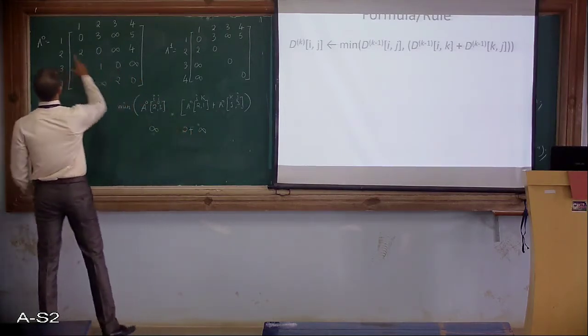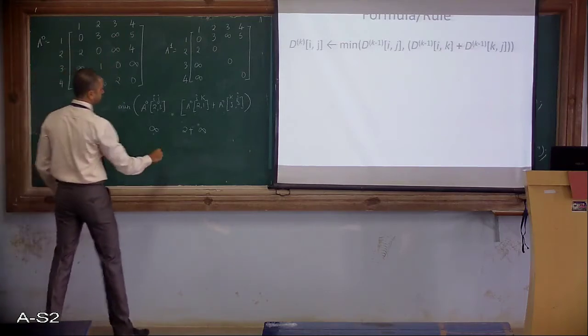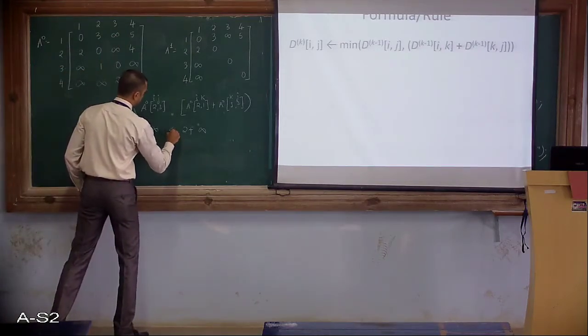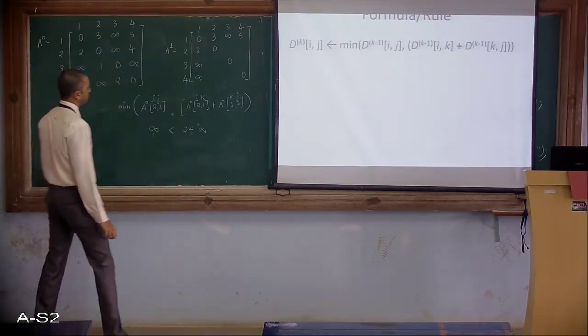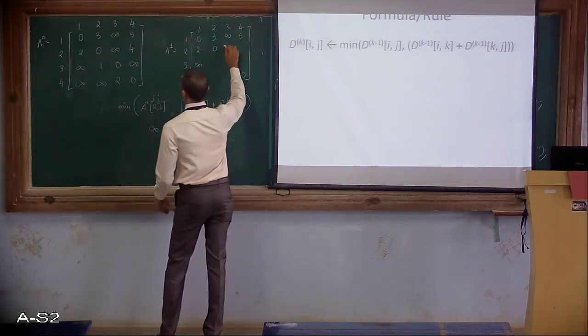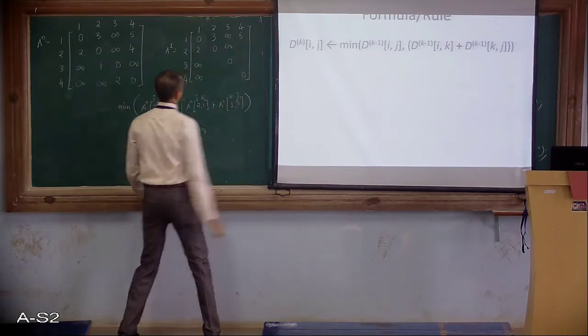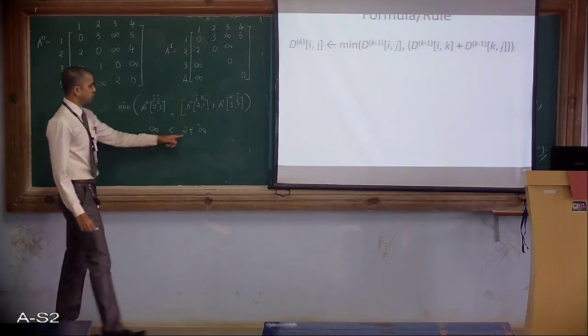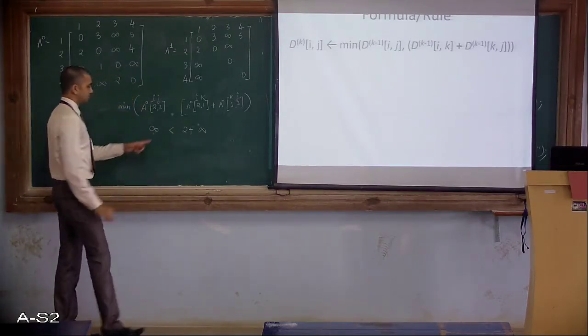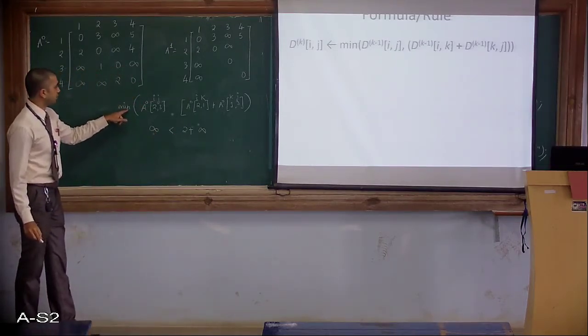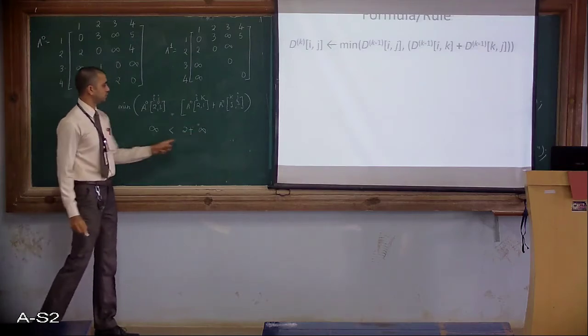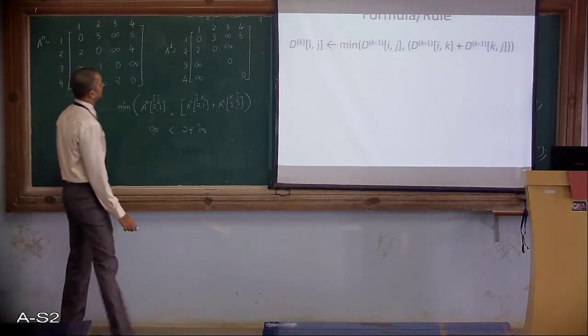Sorry, 1 to 3 is infinity, so this is smaller. So I'm going to just write down infinity over here. 2 plus infinity is greater than this infinity. That is why I'm going to calculate the minimum of these two. So it is infinity. Alright, next.